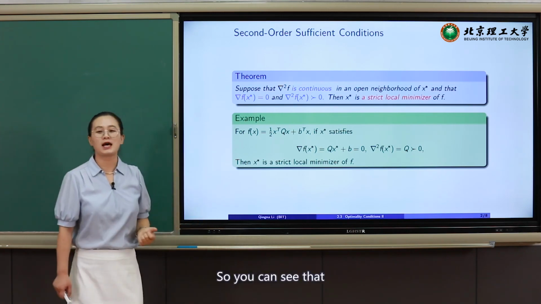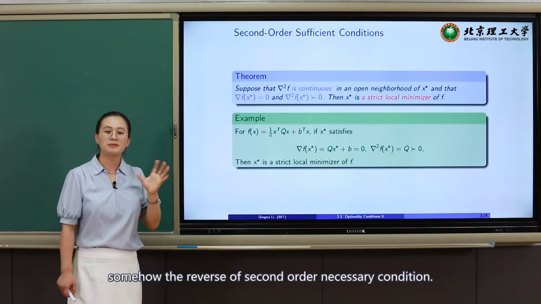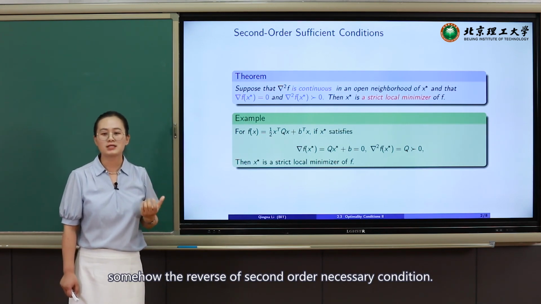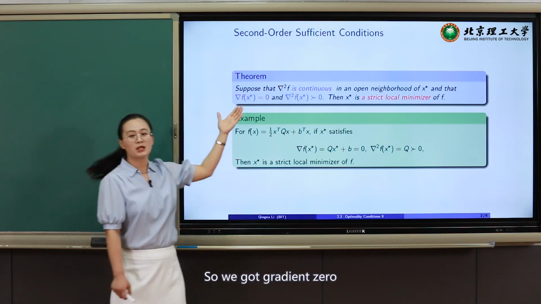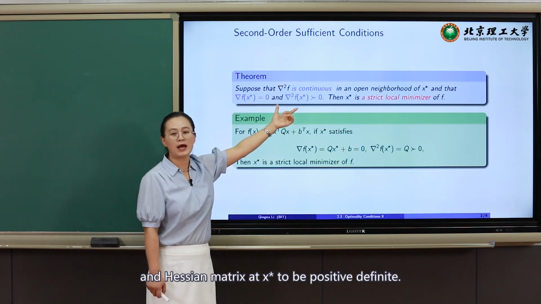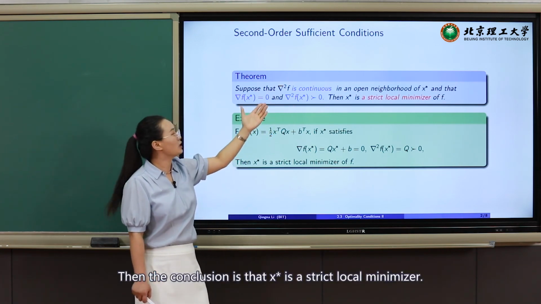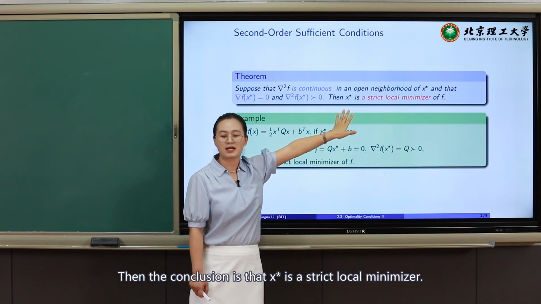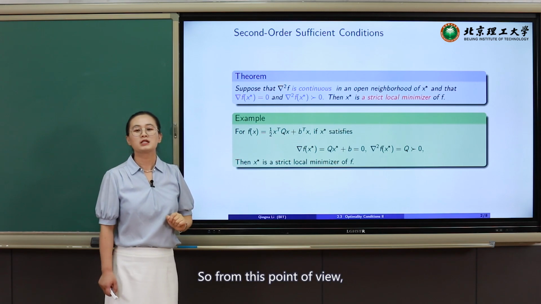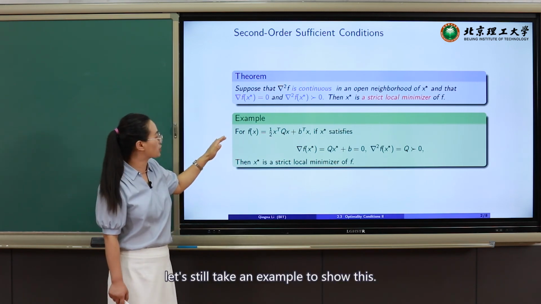So you can see that the assumptions are somehow the reverse of the second order necessary condition. We got gradient 0 and the Hessian matrix at X star to be positive definite. Then the conclusion is that X star is a strict local minimizer. So let's still take an example to show this.